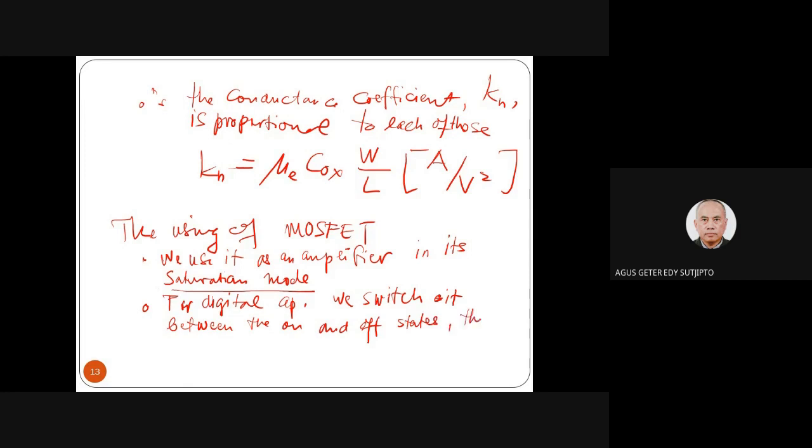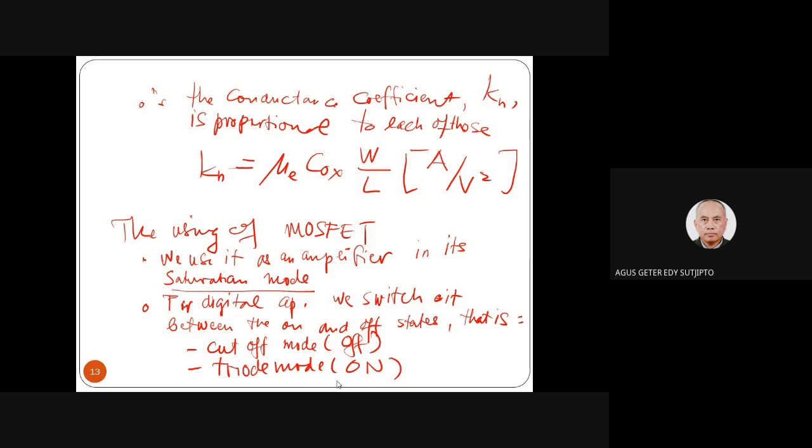In this case, cut off mode is off, and triode mode is on. So if we control the VGS and VDS, we can make the digital application on and off.